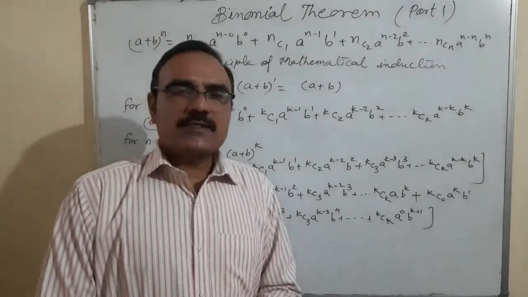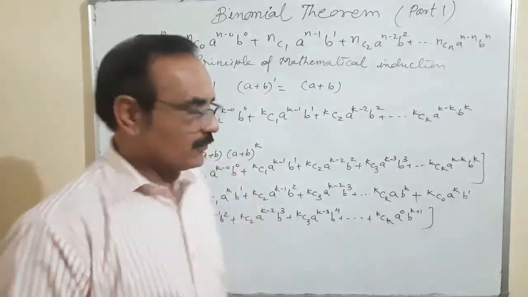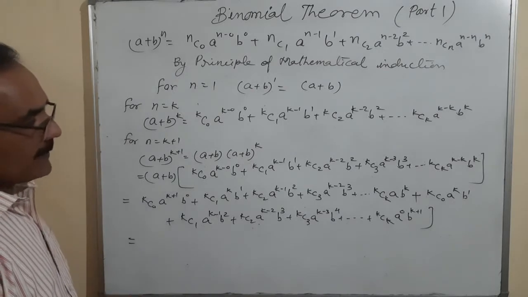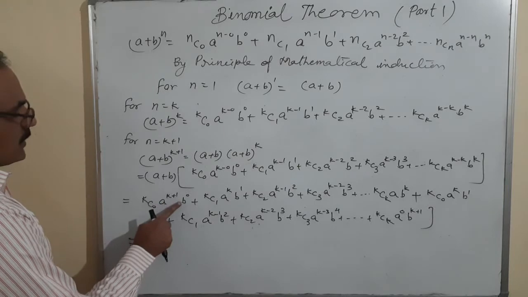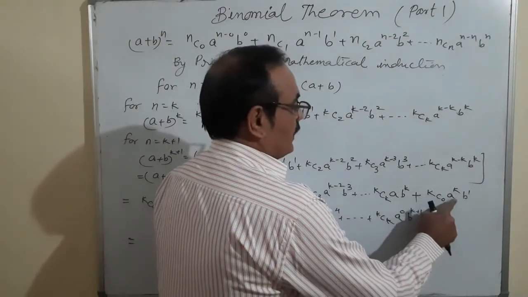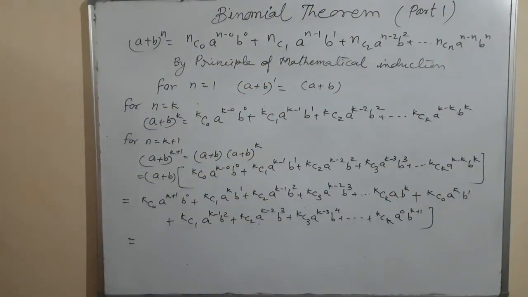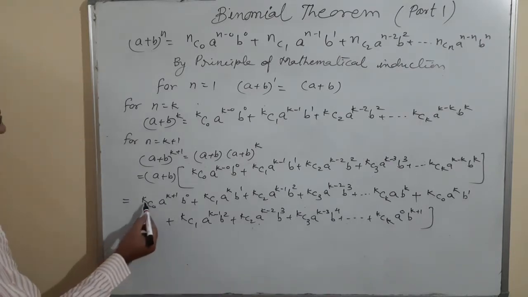Now one thing we'll understand, like if we write kC0 or k plus 1C0, the result is always 1. Okay. So the first term I am writing here kC0 a to the power k plus 1 b to the power 0, and that is kC0 a to the power k and b to the power 1. What is the meaning of this term? By the way, kC0 is here. Yes, that is the term kC0.